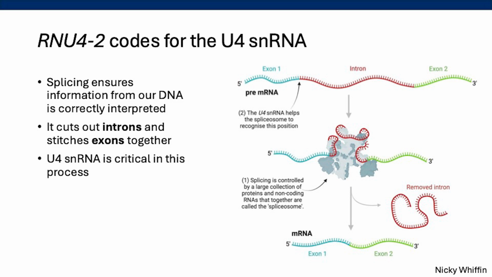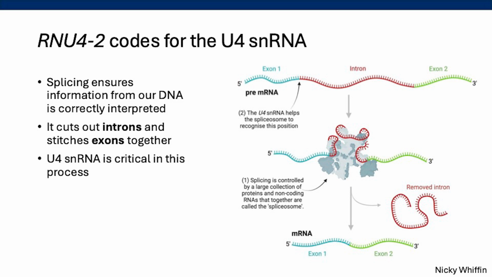Then we also looked into how the variant in these individuals actually causes this disease. We know that RNU4-2 is the gene that codes for snRNA, or small nuclear RNA. And snRNA is responsible for a function in humans, and in all cellular organisms, called splicing. Splicing ensures that information from our DNA is correctly interpreted.